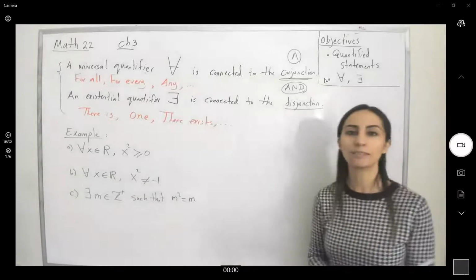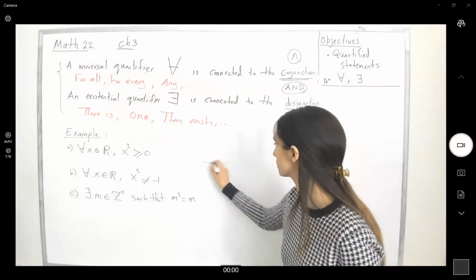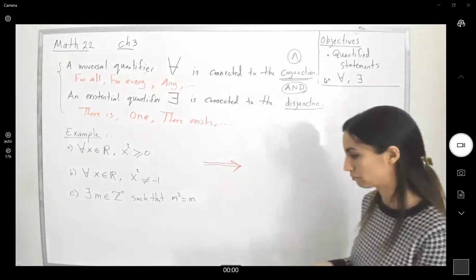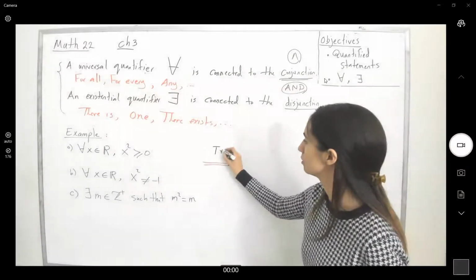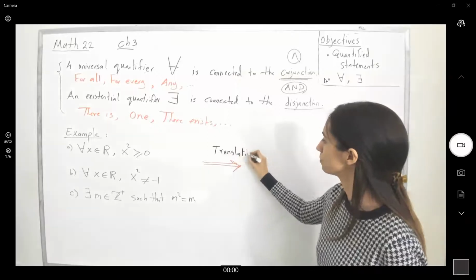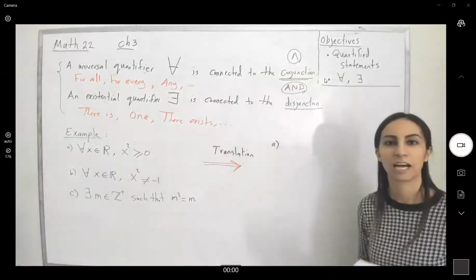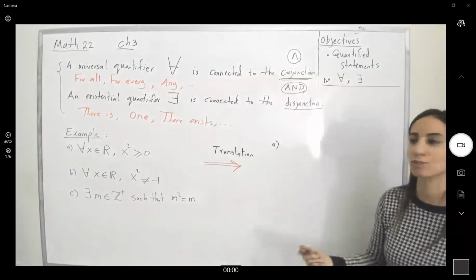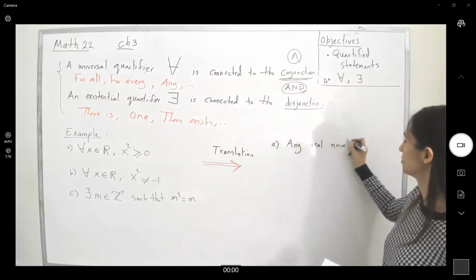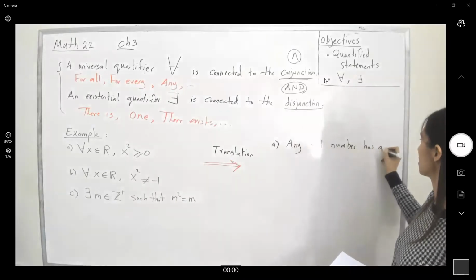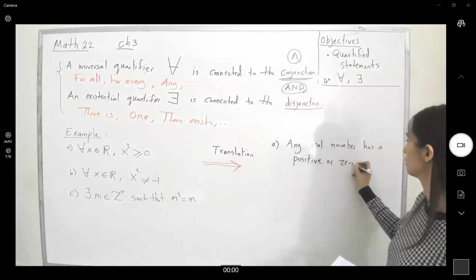So if you want to translate these, the possible translations can be written this way. You might say, hey, any real number has a positive or 0 square.